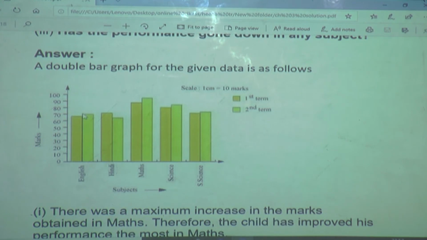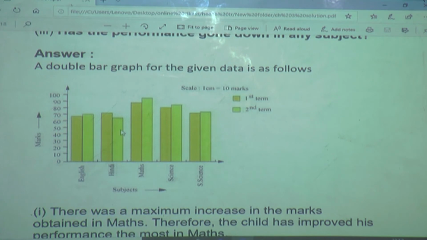It was 70 marks in the second term, and in the first term it was 67 marks. In Hindi also, first we will see the data given, then we have to prepare a bar by seeing the marks secured by the student in that particular subject.